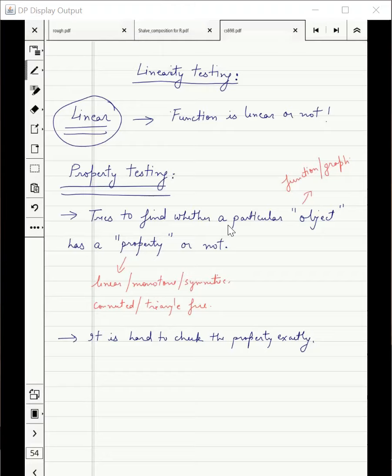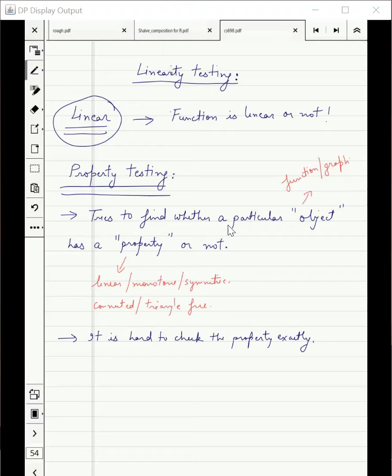And then if you want to check whether the graph is connected, you mostly have to look at the entire set of edges to figure out whether it is connected. Or let's say if it is triangle free, because it might happen that whatever edge you have not checked, probably that is making the triangle or that is making the graph connected.